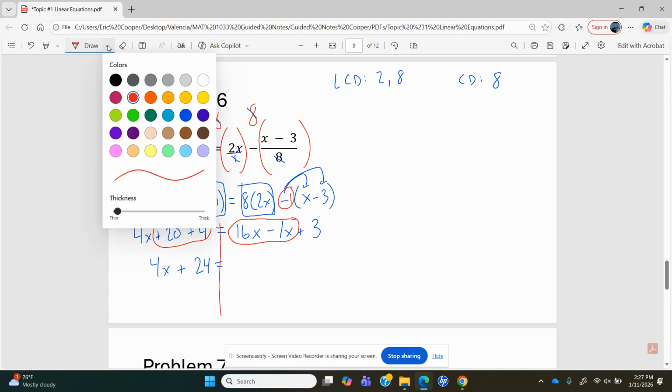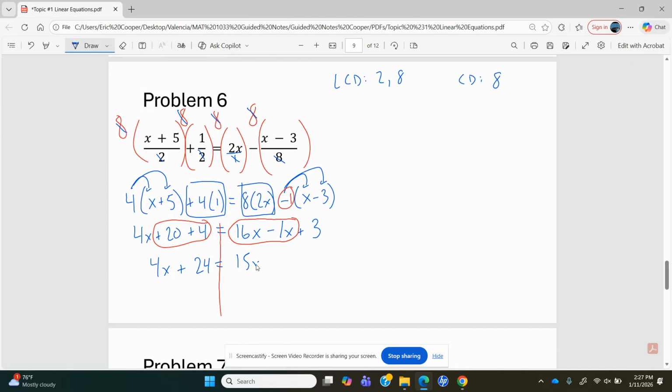The 3 doesn't have anything it can combine with, so we'll end up just dropping it down as we do this. 16x minus 1x is 15x. And then we're going to drop down the 3 from here. I'm going to rewrite the problem from this point over here. And then our goal is to solve for x.